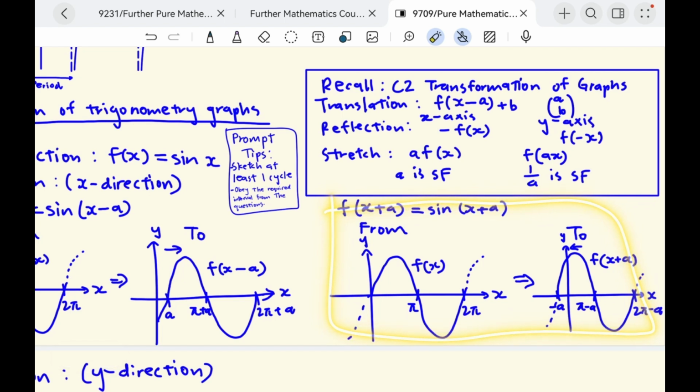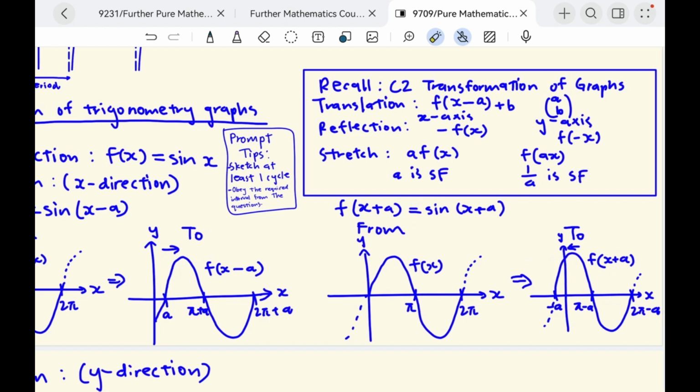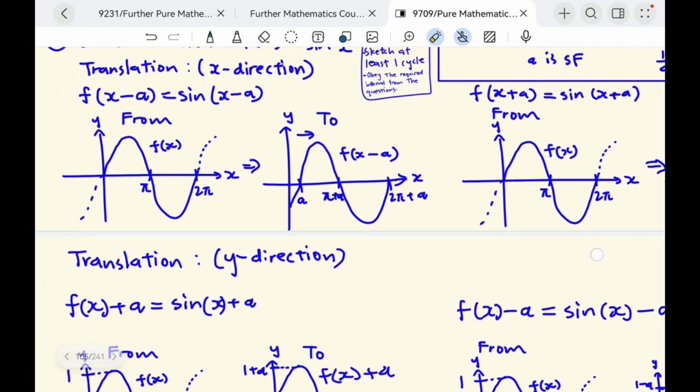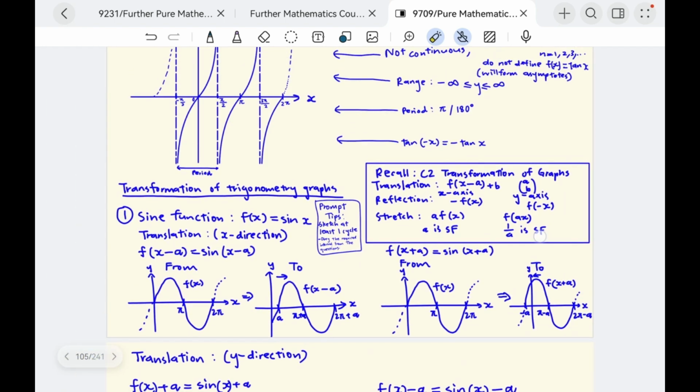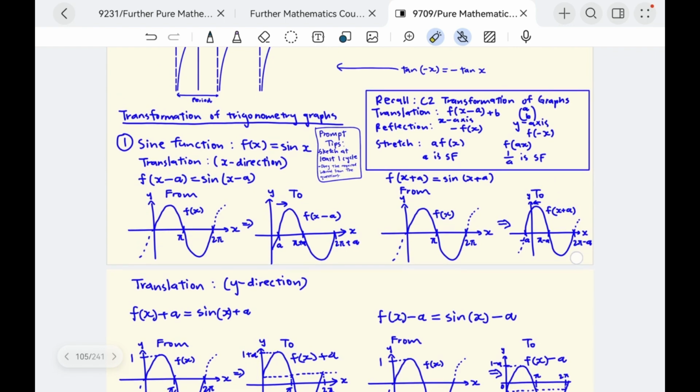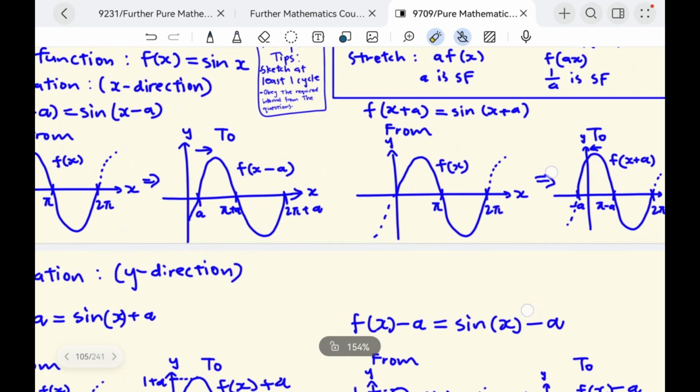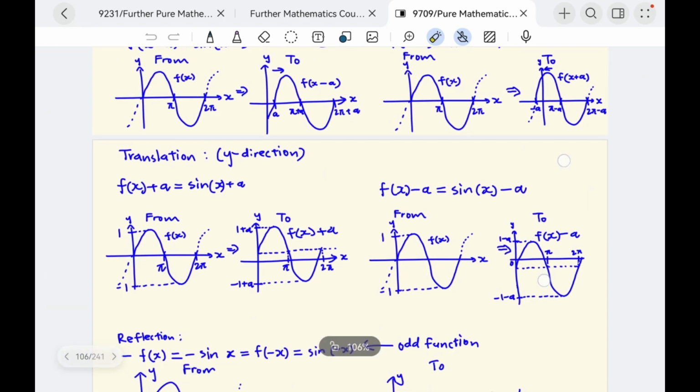Otherwise, if you use x plus a, it moves a units to the left hand side. So this entire sinusoidal curve moves to the left hand side within this distance, where the x coordinate over here is negative a. So if you do not understand enough, I will visualize it for you via Desmos.